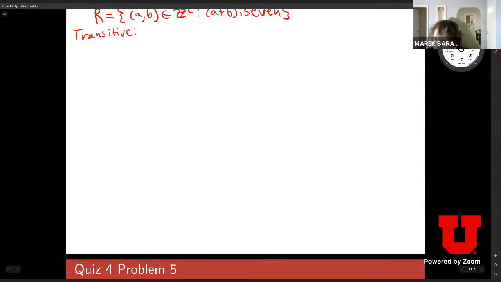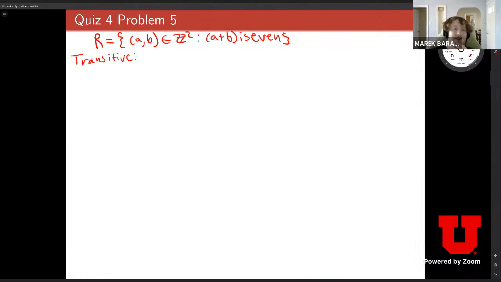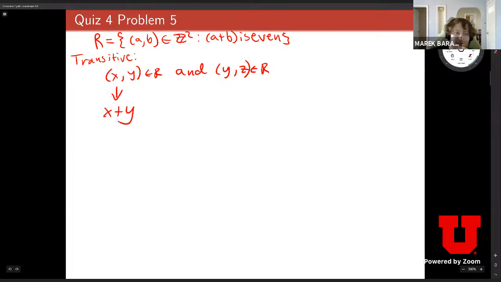Could this have also been done with two cases? Yeah, okay, so let's do that one. Let's say we have (x, y) is in R and (y, z) is in R. So we know that this means that x plus y is even. If x is even, then y is even.